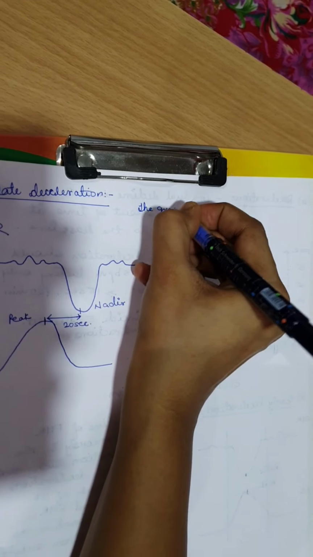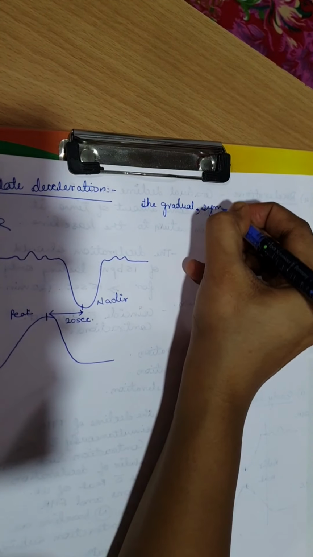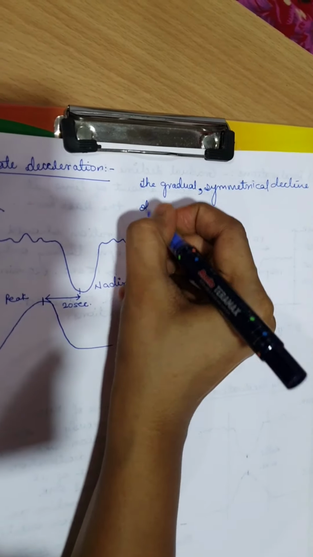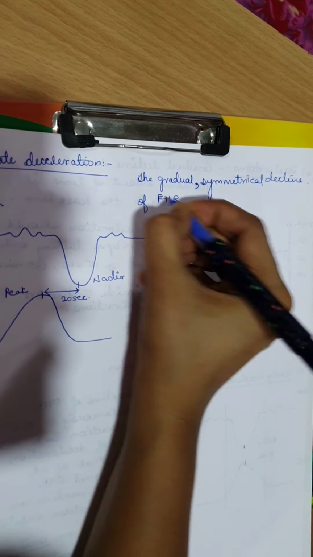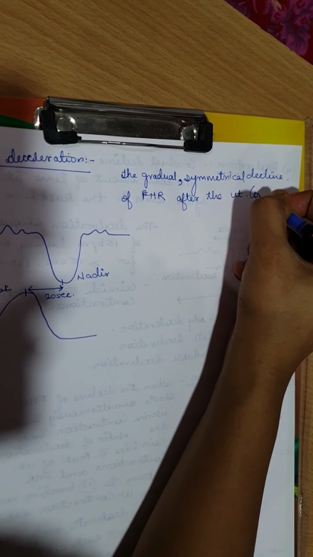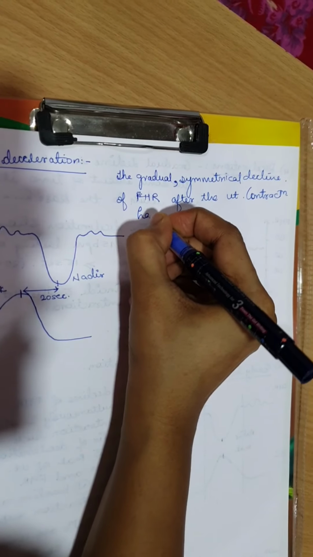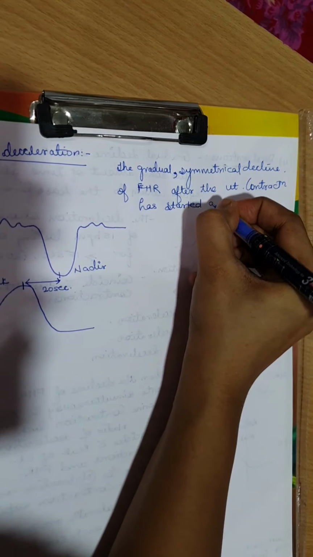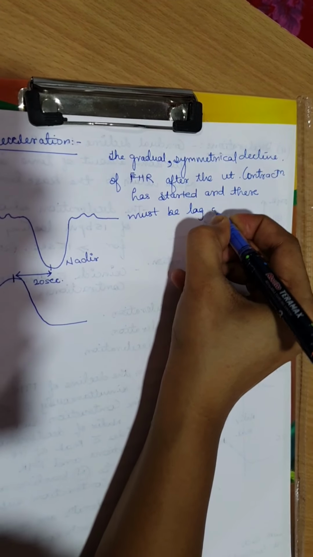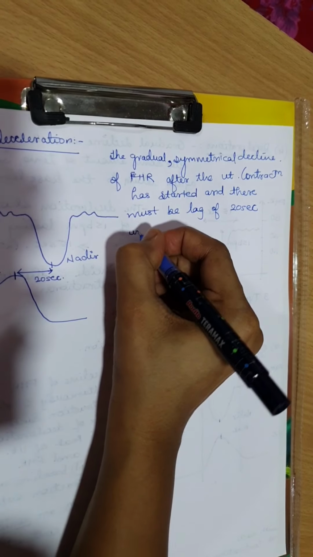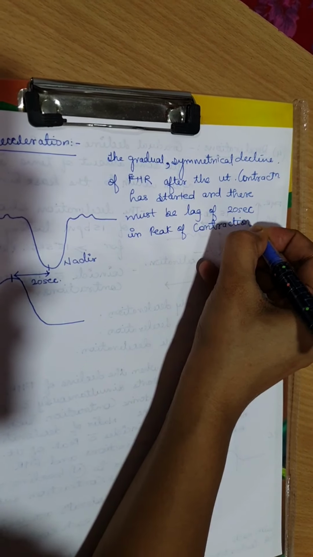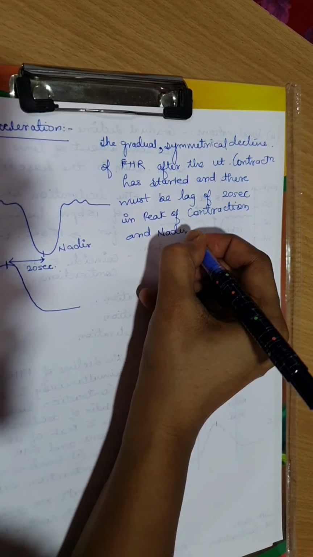The gradual and symmetrical decline of fetal heart rate after the uterine contraction has started, and there must be a lag of 20 seconds between the peak of contraction and the nadir of deceleration.